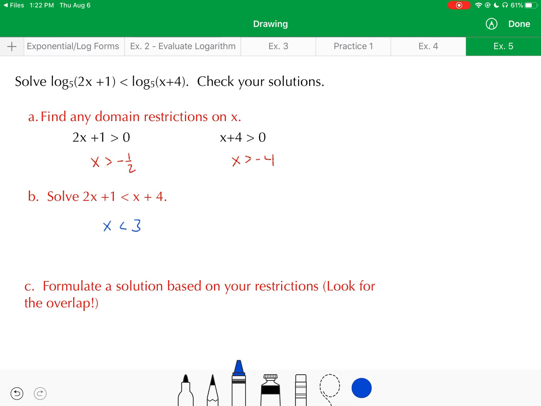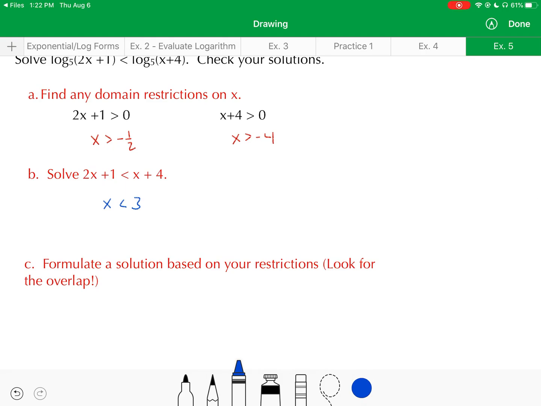So I essentially need to formulate a solution by using the restrictions from part A along with what I came up with in part B. And what it really comes down to is looking for the overlap between the three, okay? So just draw out a number line here. Doesn't have to be real sophisticated. We're going to place -4, -1/2, and then +3 on there.